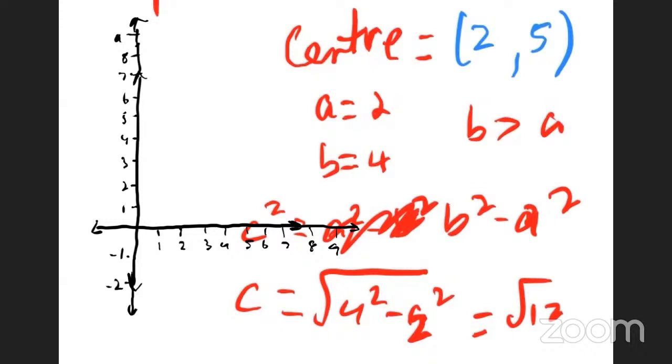So the center is what? 2, 5, right? So 2, 5 is around here.